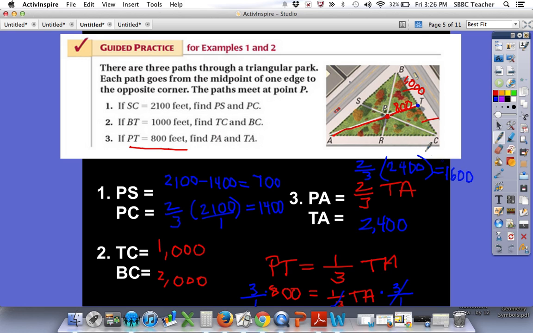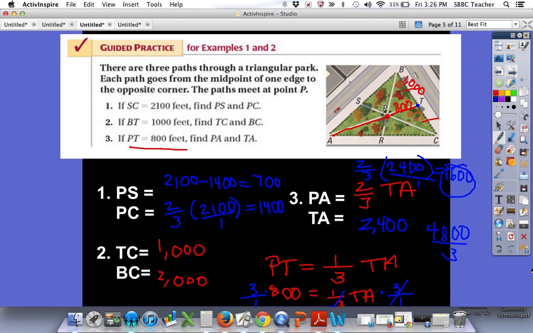If you weren't sure what I did on the calculator, I did 2,400 because it's a whole number times the numerator, 2, divided by 3, because you could do 2,400 over 1. 2 times 2,400 is 4,800 divided by 3, and that'll give us 1,600.